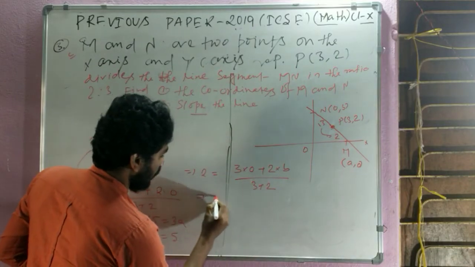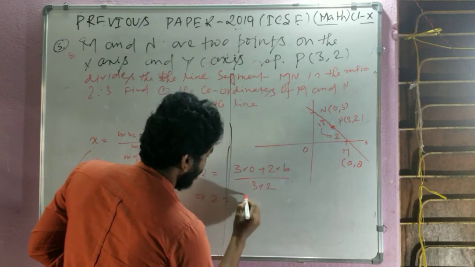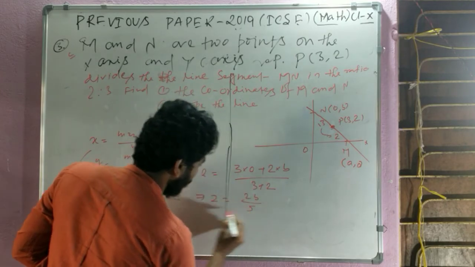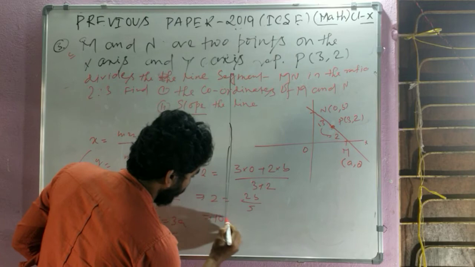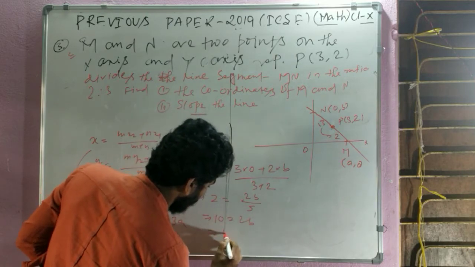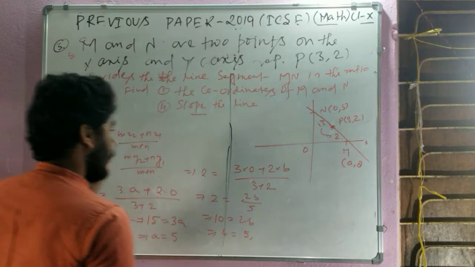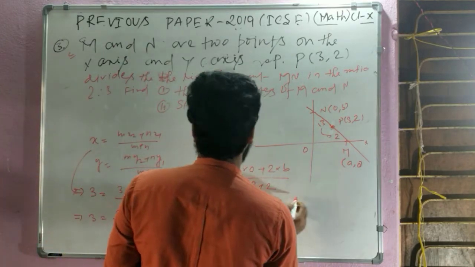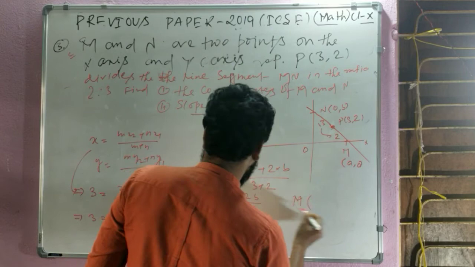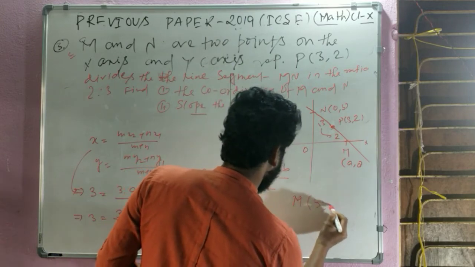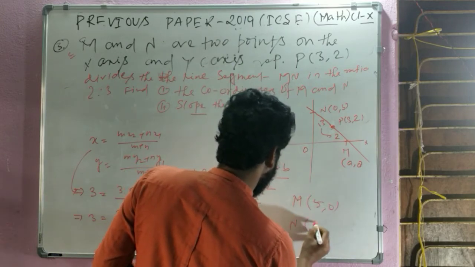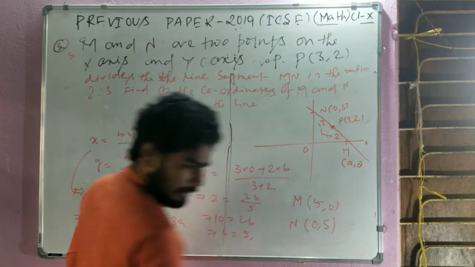That means 2 equals 3b by 5, so 10 equals 3b. Then b equals 5. So the answer: M coordinate is 5 comma 0, N coordinate is 0 comma 5.